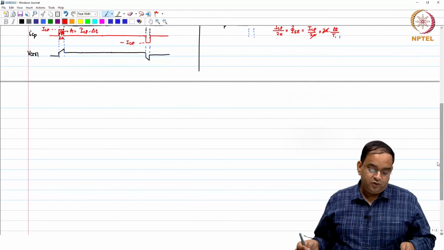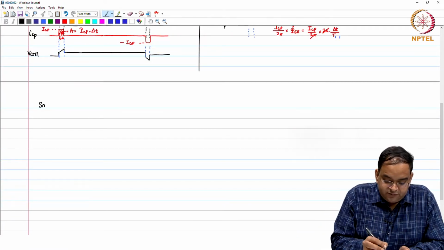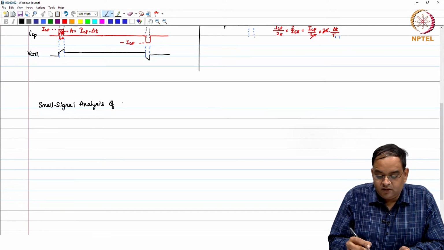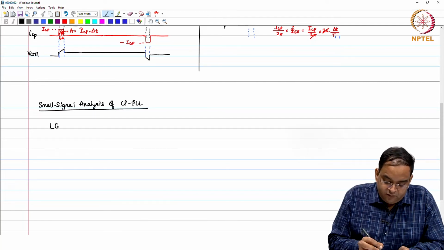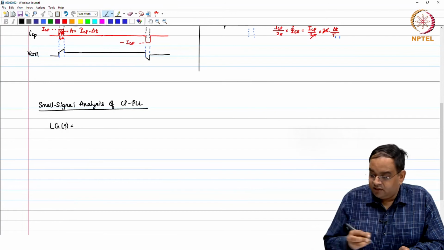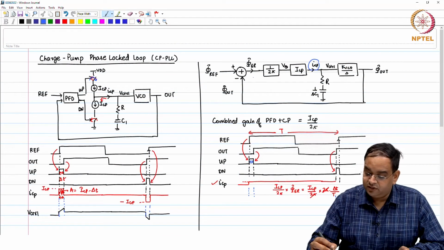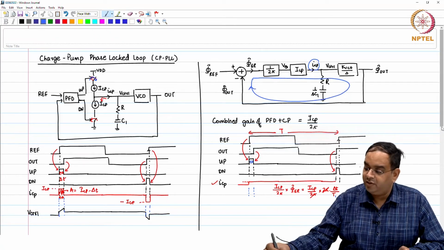Okay. So, for the small signal analysis of charge pump PLL, our loop gain, which is defined as the gain around the loop, that is, this loop we are talking about.